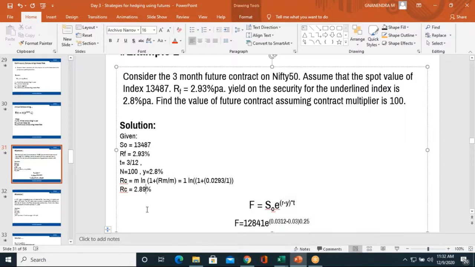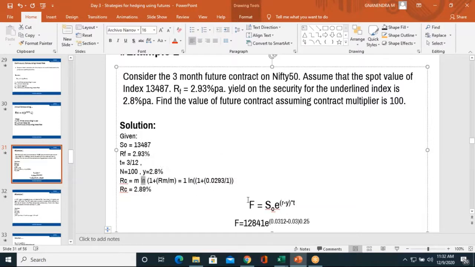If you have a scientific calculator, you can do this calculation easily. Even manual calculation is fine, but you have to take the LN table value for the value that you are going to get here. Preferably the scientific calculator is going to help.